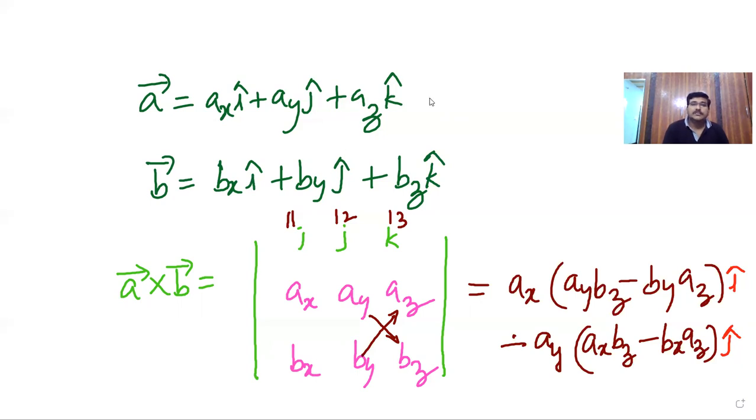Plus AZ. For 1 plus 3 it becomes a positive element. Leave the third column and first row, and the remaining is AX BY minus BX AY into K bar.